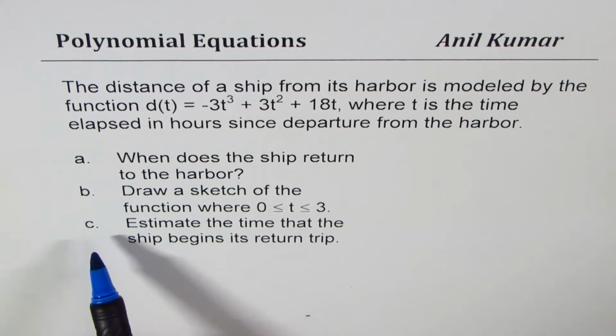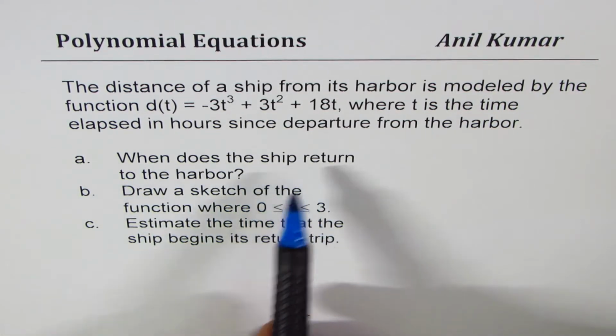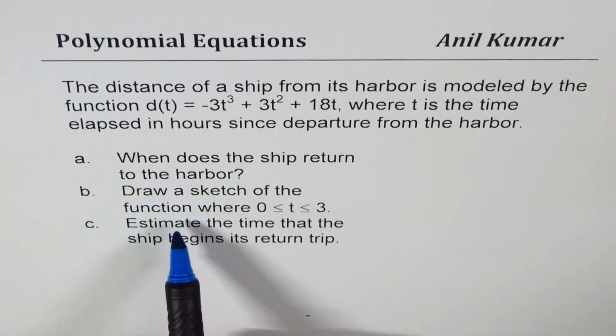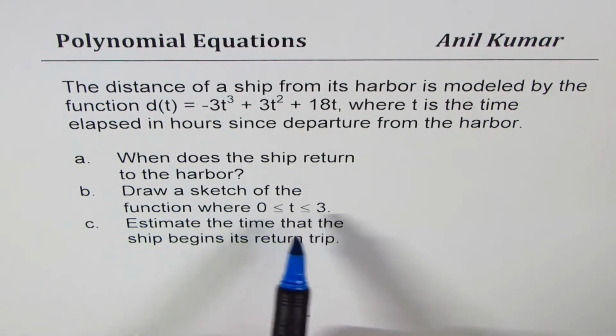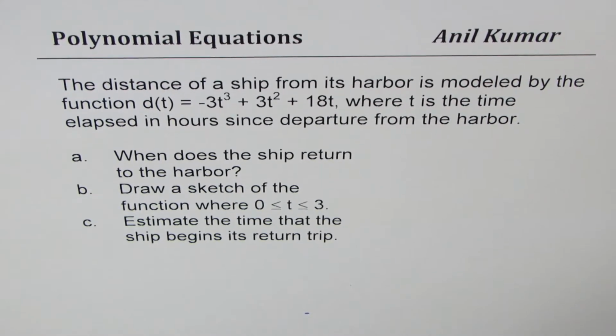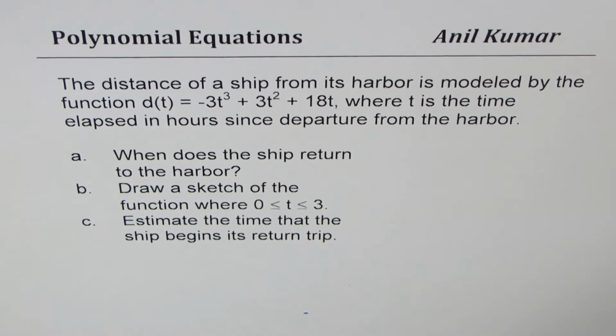Three parts of this question are: when does the ship return to the harbor? Draw a sketch of the function where t is between 0 and 3. Estimate the time that the ship begins the return trip. So these are the three questions for you to answer. You can always pause the video, answer the question, and then look into my suggestions.